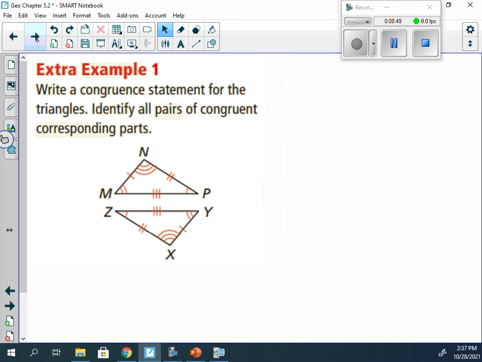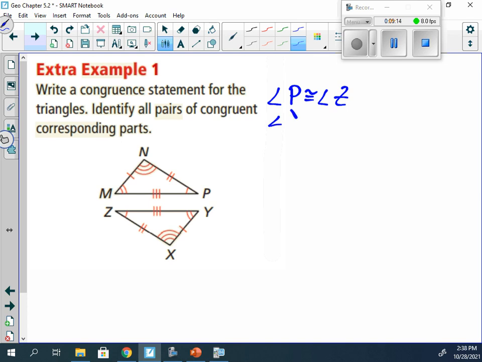So when we look at this here, we need our corresponding angles that are congruent. So we can say angle what? And they would be corresponding because they both have 1 mark. The next angle. Well, because we need to name them all.